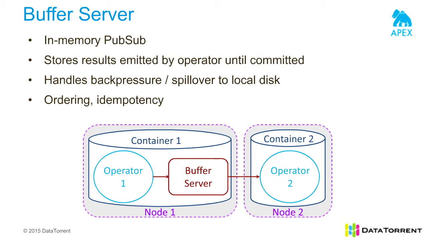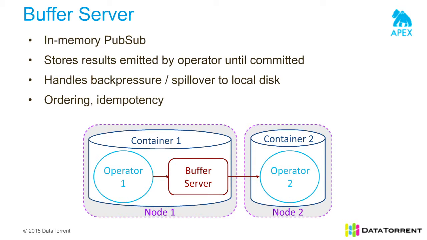The buffer server is important to store the data for the stream. It also handles back pressure, and when it exhausts its configured capacity of memory, it will start to spill over to the local disk.